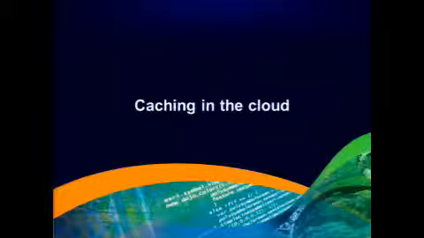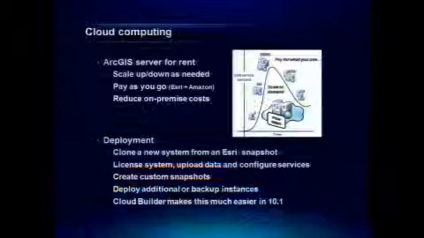Now, some of the other things that are kind of exciting at 10.1 is caching in the cloud, and you could do some of this at 10.0, but it's certainly enhanced at 10.1. So we'll talk a little bit about what you can do there.